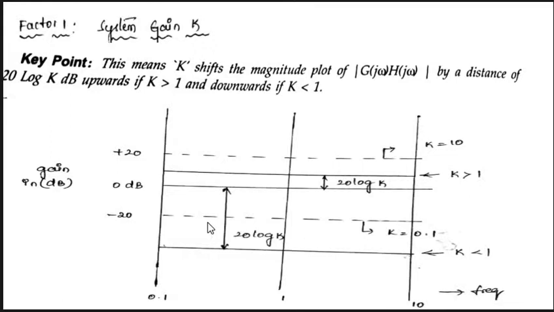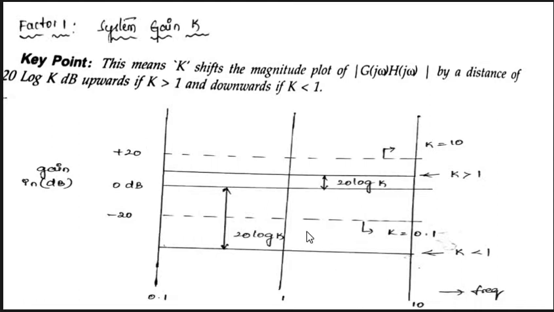This is the magnitude plot for k equal to 0.1, and this is the magnitude plot for k equal to 10. So this is the general formula: if k is greater than 1, the magnitude plot is drawn at 20 log k above the 0 dB line, and if k is less than 1, the magnitude plot is drawn at a distance of 20 log k below the 0 dB line. That is the first one.